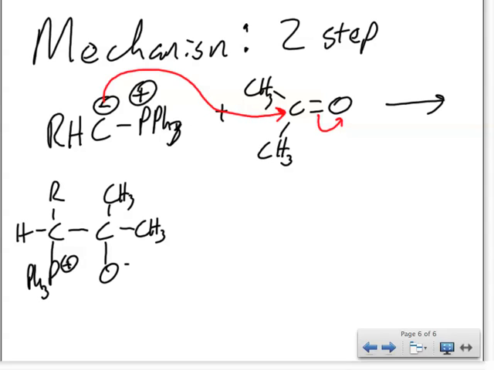Now the oxygen has extra electrons. Since the pi bond was our leaving group in the first step, at this point the oxygen would react with the positive phosphorus, giving us this four-membered ring system.